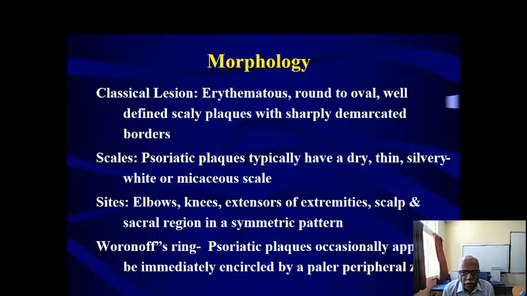And after some time, there is accumulation of inflammatory cells that produces plaques, and these plaques, when they try to heal or shed the excess epidermal cells, cause scaling. And these plaques are well demarcated. They have an erythematous border, and these plaques may in turn have a round hypopigmented border.